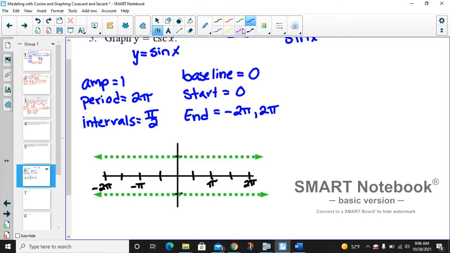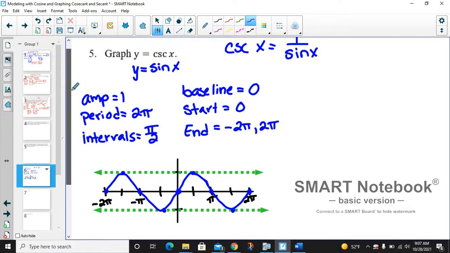Graphing this, I start at 0 and sine starts on my baseline. My a was positive, so I go up first as I go to the right. Then I just follow my pattern as normal, going down to the left here, and I connect this with a nice smooth curve. And there is the sine graph, which we all know and love.